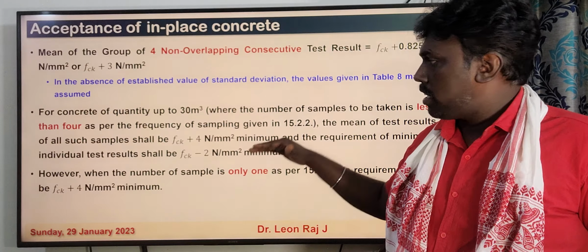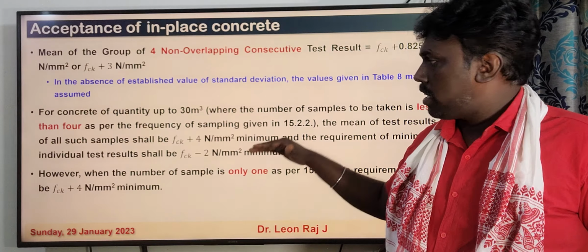So this is the data collected from the construction site. For our understanding, I am going to explain whether the collected data is acceptable concrete or not. Whether the concrete is accepted or rejected, we will come to a conclusion after evaluation.